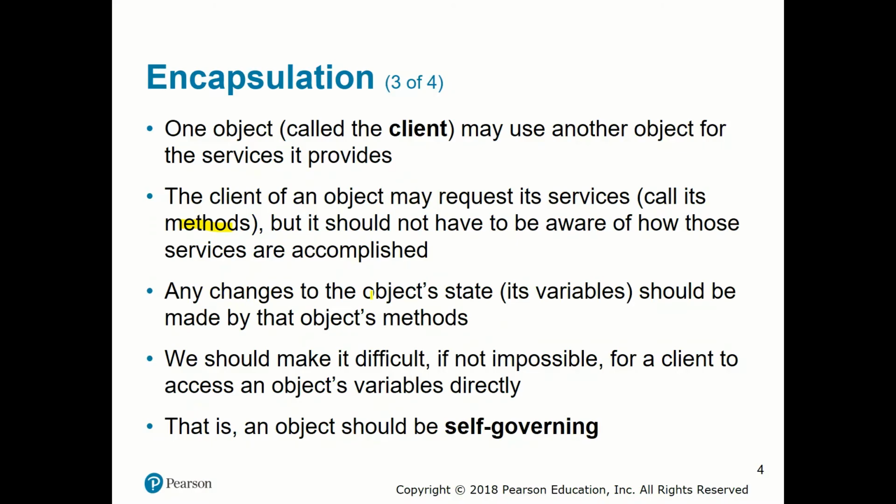Any changes to the object state, that is its variables, should be made by that object's methods. This means that we should make variables private and methods public so we can access variables through the methods. We should make it difficult, if not impossible, for a client to access an object's variables directly. That is, an object should be self-governing.